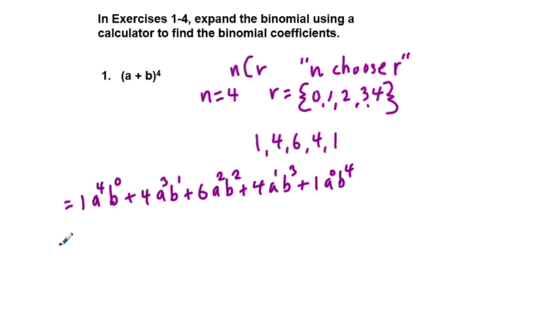Then simplifying all these, the 1 we don't even have to write down. We have a to the fourth power, and b to the 0 power is 1, so we don't have to write that down either.